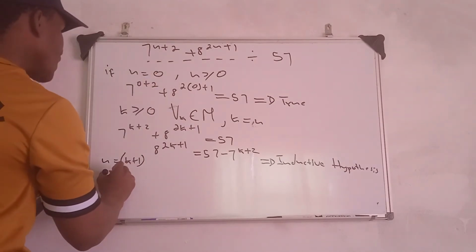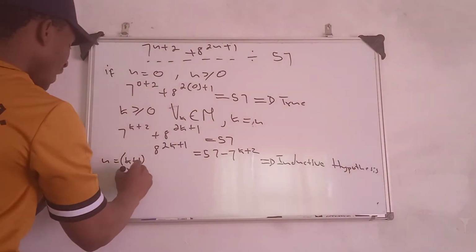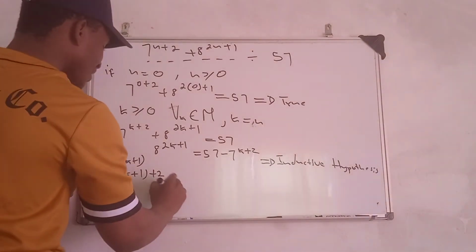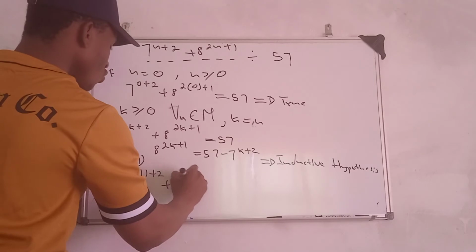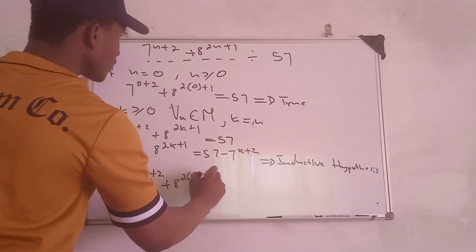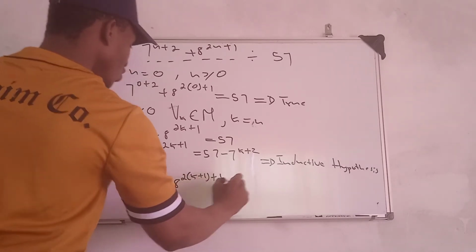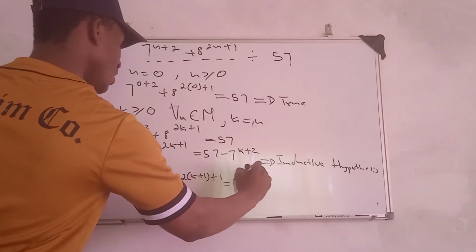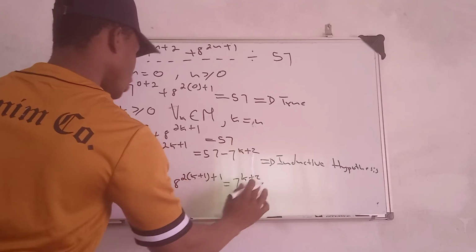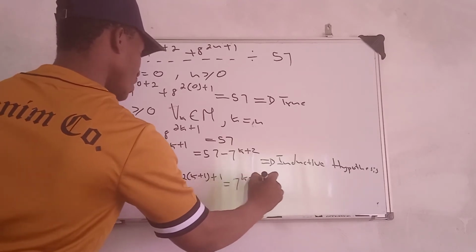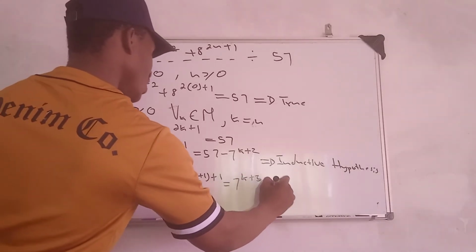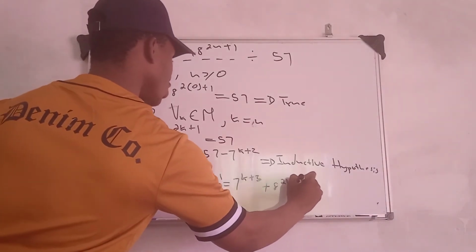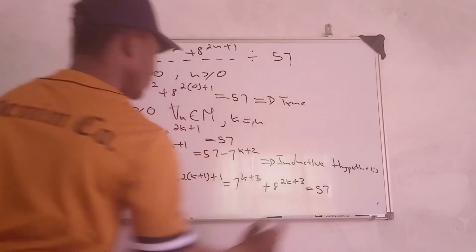So it's going to be 7^(k+1+2) plus 8^(2(k+1)+1), which is the same as 7^(k+3) plus 8^(2k+3), also a multiple of 57.